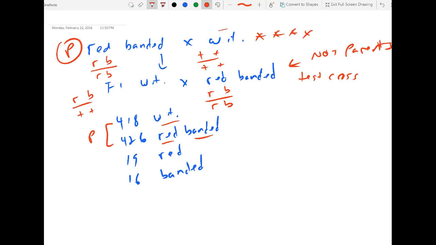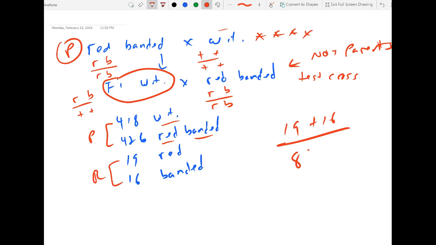Sometimes you'll just be told we've got an F1 that's doubly heterozygous for something, we do a test cross, and we get these results. When you get these results, the two categories that are the most numerous are the parentals. The other ones are recombinants. The frequency is 19 plus 16 over 879, which turned out to be 3.9%.